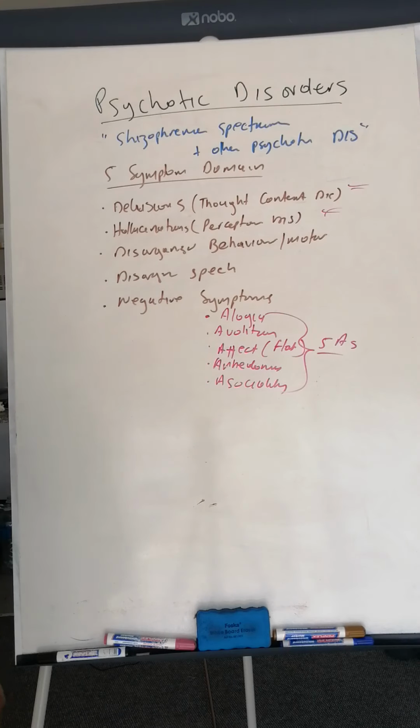They don't have a desire to initiate purposeful activities. They just want to sit and not do anything, basically. So those are the 5 A's of negative symptoms.